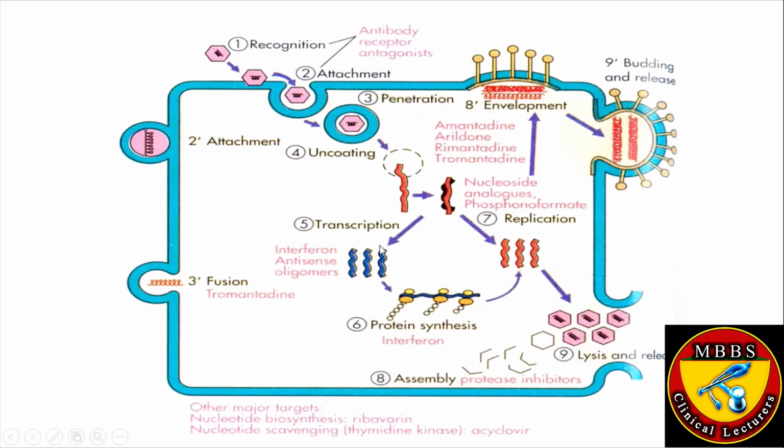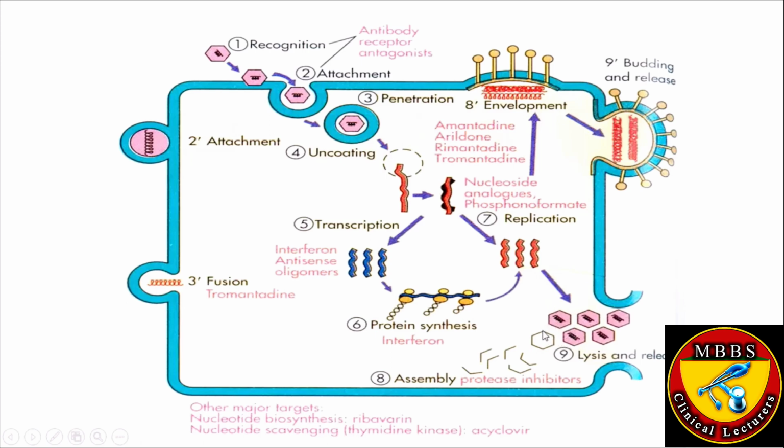During transcription, messenger RNAs are formed. Translation occurs where protein synthesis takes place, so different types of proteins are formed, and at the same time the genome is replicated. The capsids are formed and other proteins are also synthesized. Then the assembly occurs.